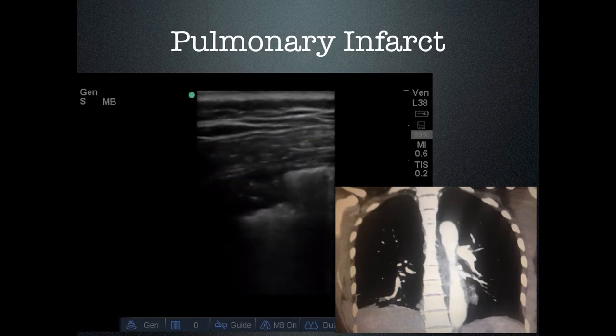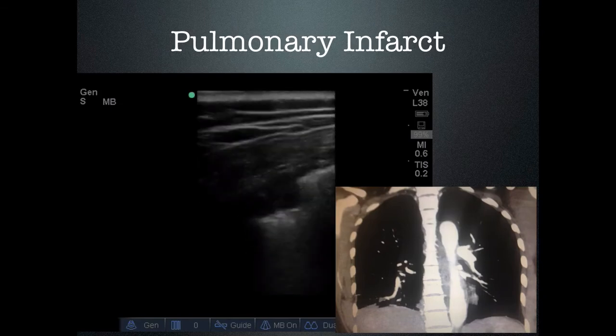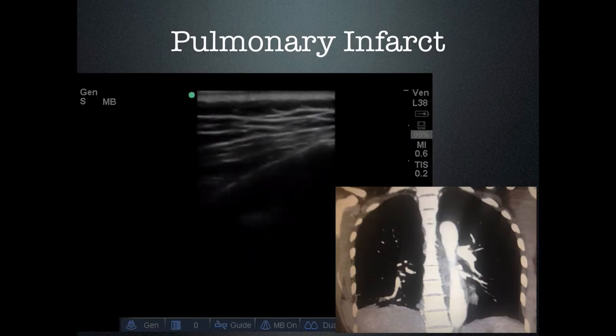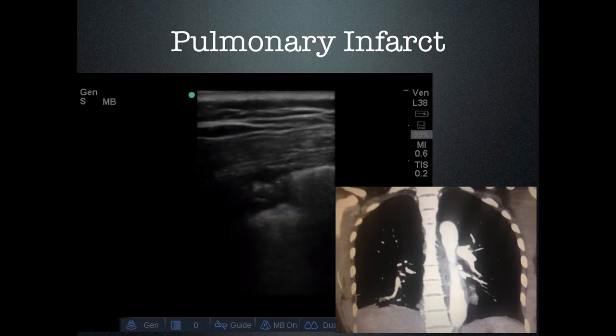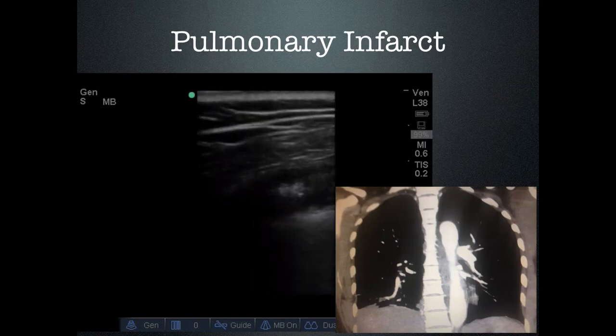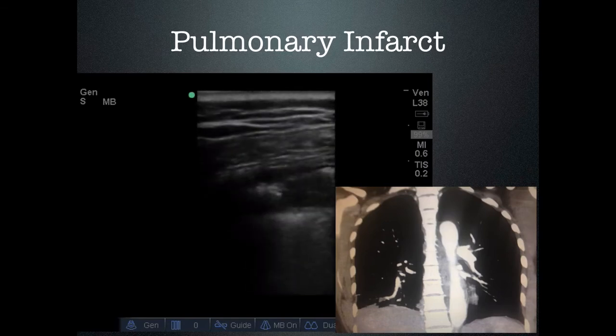Now, when you're talking about a PE in ultrasound, we must keep in mind that a PE is somewhat difficult to see with an ultrasound. And while some studies have demonstrated good results with ultrasound in the detection of a pulmonary embolism, CT is much more sensitive and specific.